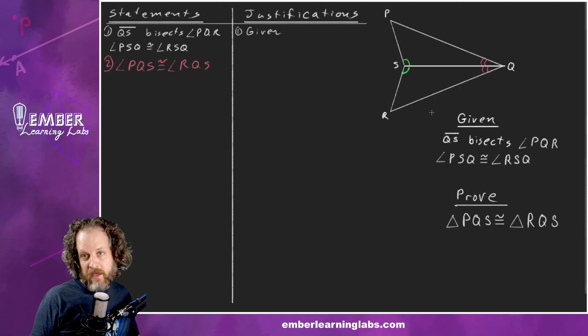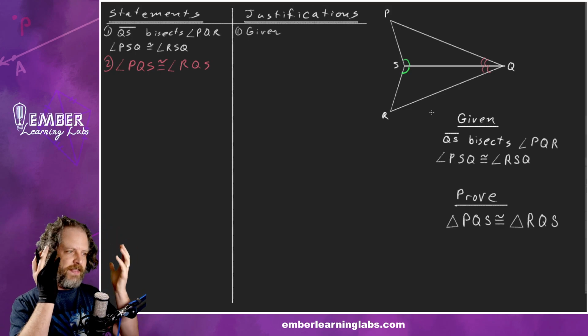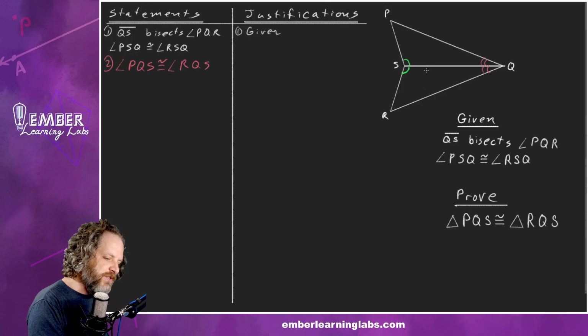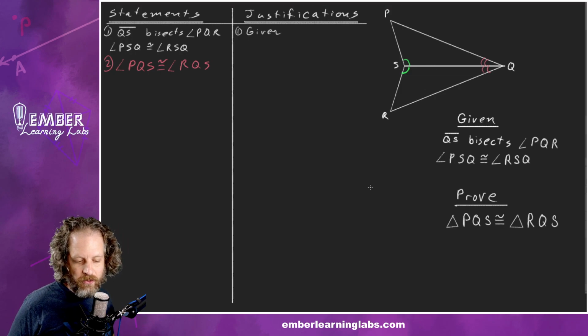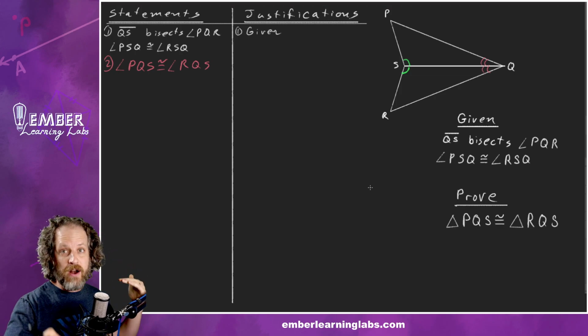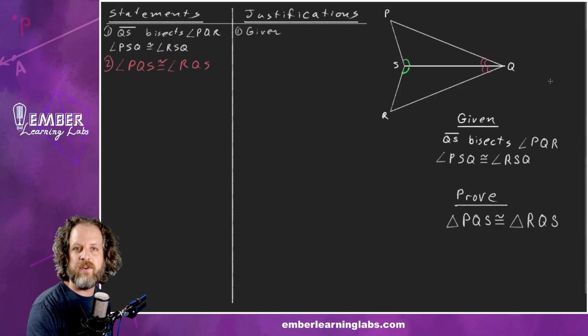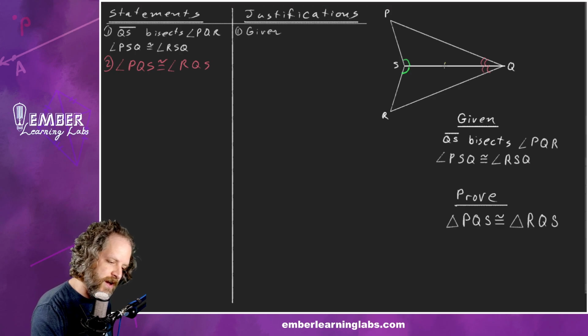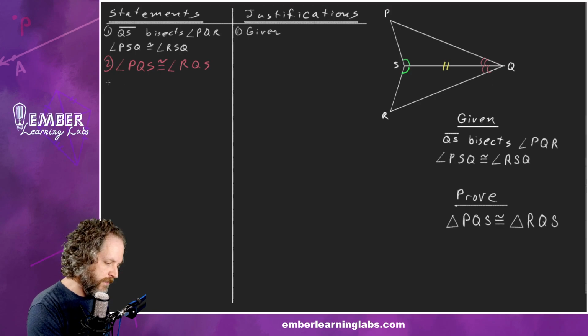We've also got another tool in our proving tool belt. We have something that's shared between the two of them. If we have something shared between the two things, what should that send up in our brains? That should say reflexive property, right? And that's exactly what we're going to do. We're going to say that QS is congruent to QS. So this guy right here is congruent to itself.